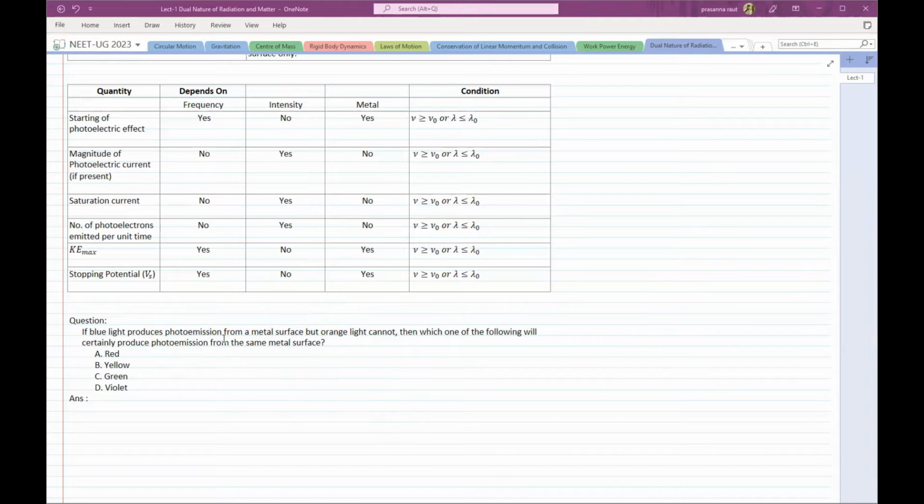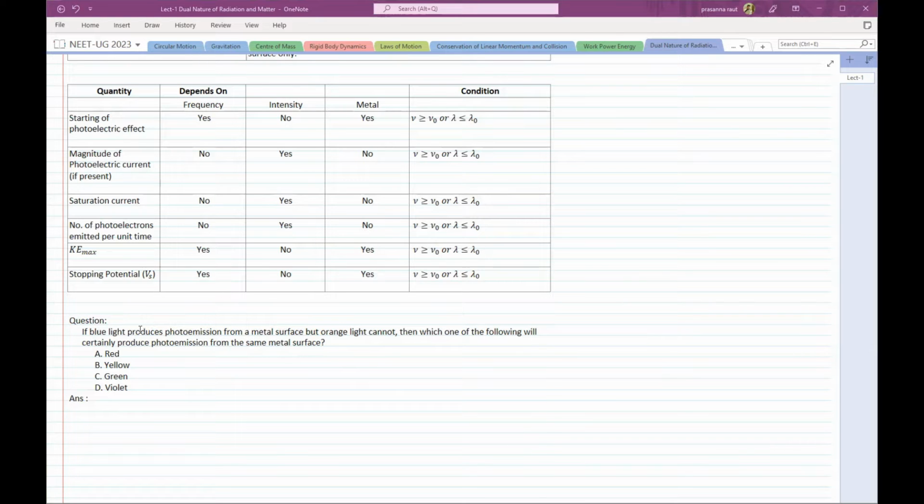Or if blue itself is the threshold, then anything below blue in frequency cannot produce. The question asks which can certainly produce, so it has to be beyond blue, meaning frequency greater than blue. So it's violet. Hence the correct answer is option D, violet.